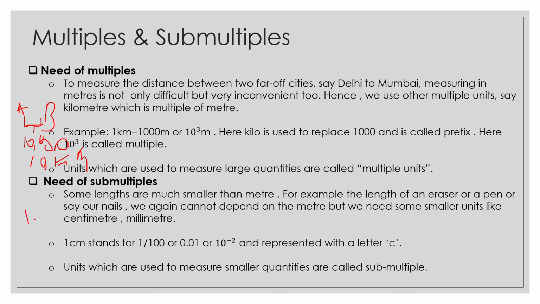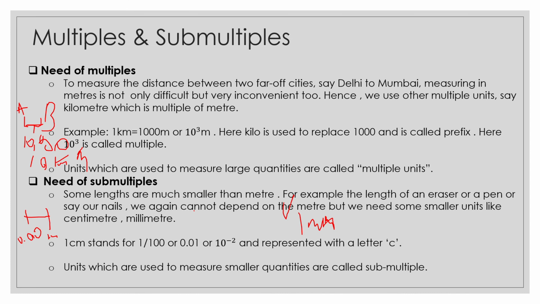So I have a small pencil that is 0.001 meter. Should I write it like that? No, that's very uncomfortable, writing such a long number everywhere. Instead of that, we can just write 1 mm. That is called a millimeter.